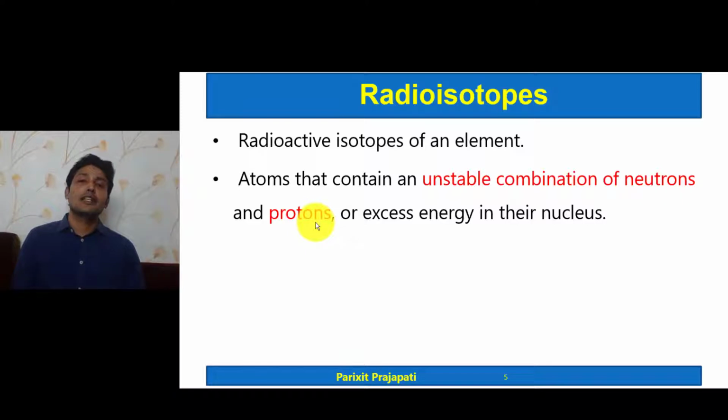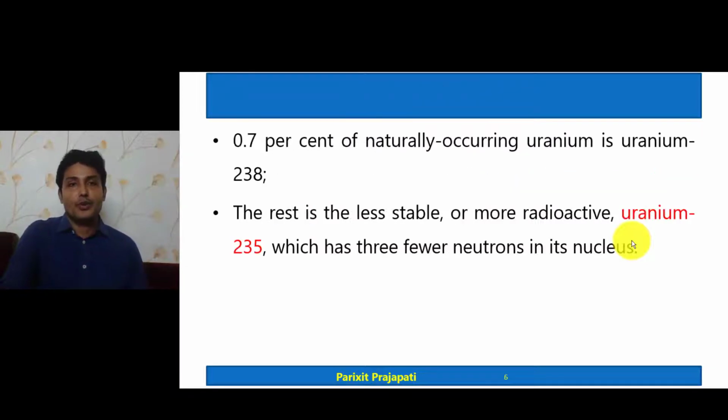Because of that, they emit radiation, they disintegrate, and they release excess energy from the nucleus. So stability is gained by releasing energy or emitting radiation. So these are the radioisotopes.